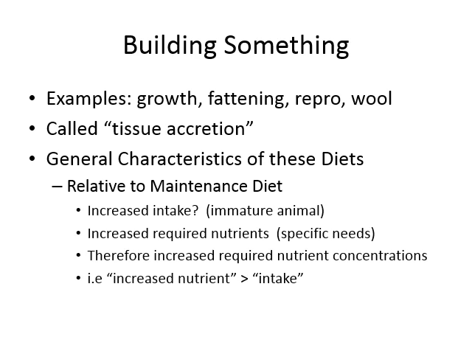If we compare an animal's diet at maintenance versus when they are building something, how does that diet change? You're probably going to have increased intake, particularly in an immature animal. The more they grow, the more they're going to eat. You're going to have increased nutrients needed, and the nutrients needed go up faster than the intake.